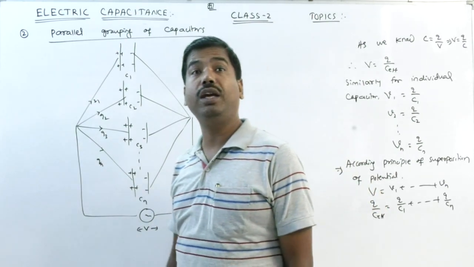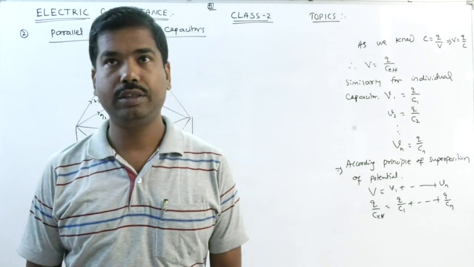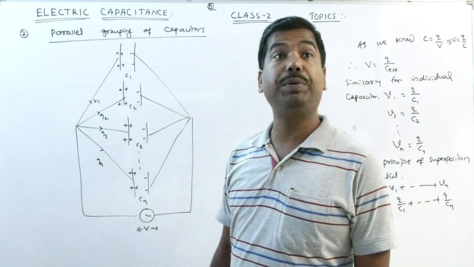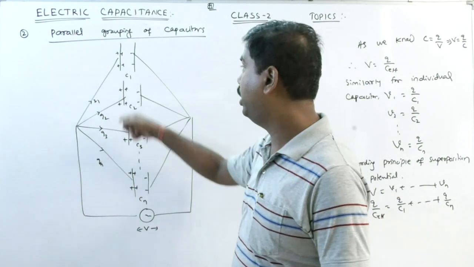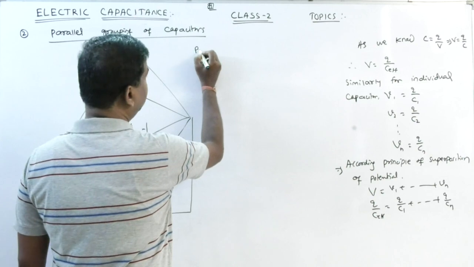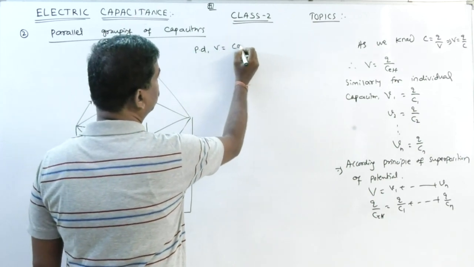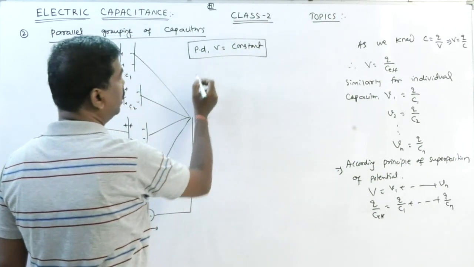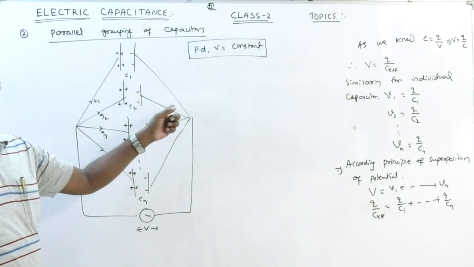Then they are said to be in parallel. Or else capacitors are said to be in parallel if the potential difference across each capacitor is equal. It means the potential difference V is constant in parallel grouping.